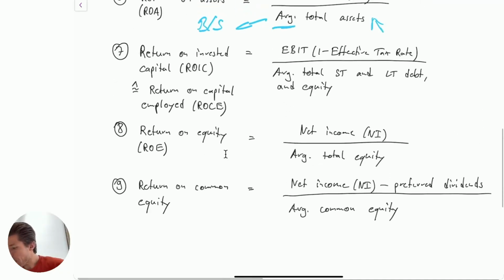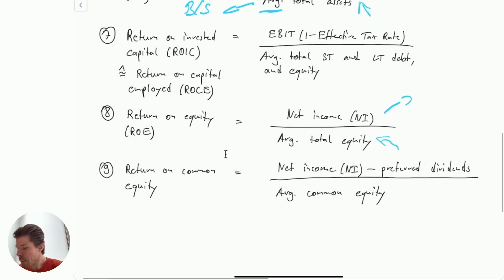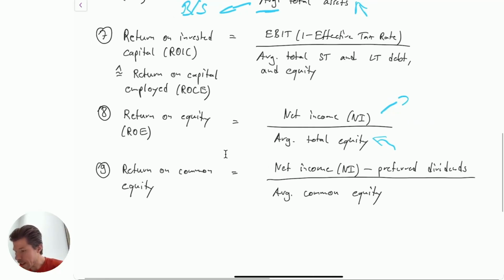If we go to return on equity, we are not looking from an asset perspective. We look at what our equity providers have put into the company and what the net income is. So how much net income has each dollar of total equity generated? Return on common equity is basically the same.